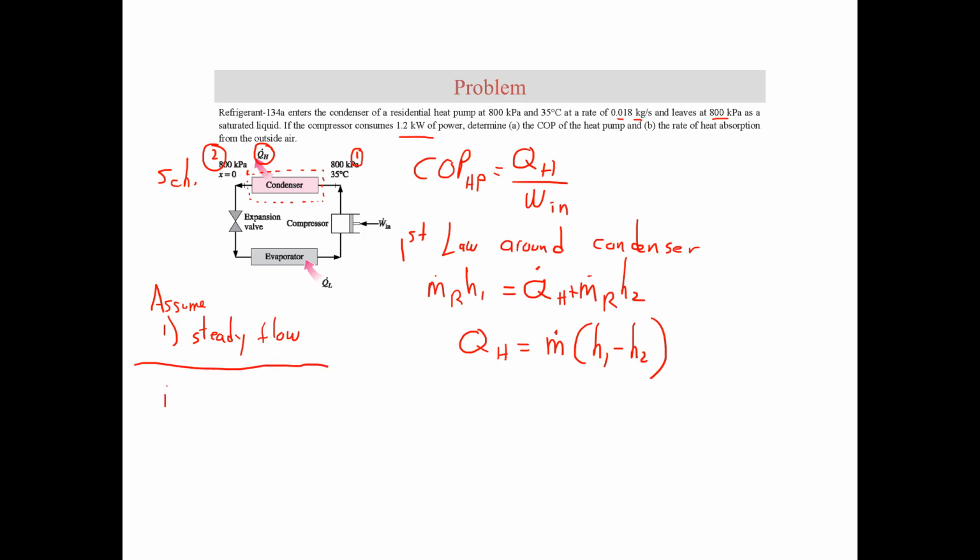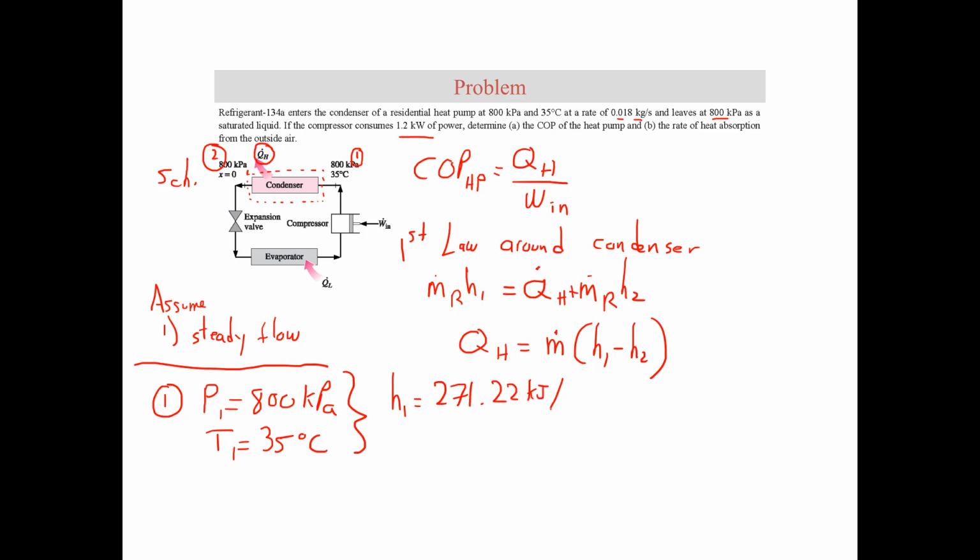So entering at 1, they give me the state entering the condenser. My refrigerant is at a pressure of 800 kilopascals and a temperature of 35 degrees Celsius. With that, I can go ahead and use EES to find that the enthalpy is 271.22 kilojoules per kilogram.